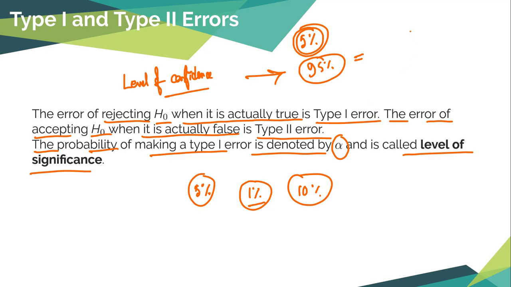Similarly, if your level of significance is 1%, your level of confidence will be 99%, and it means that I am 99% sure about the conclusion that I am drawing about the population parameter based on this study. So that is type 1 error, type 2 error, and level of significance.